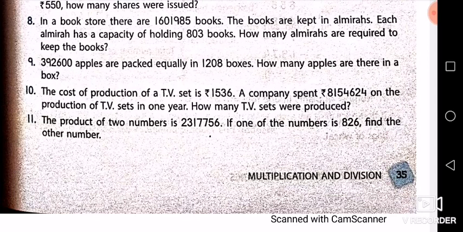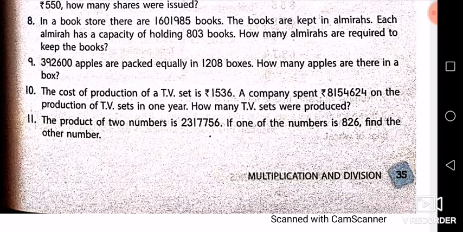The rest of the questions are totally different. This 11th question, the product of two numbers is 23,17,756, takes the concept of multiplication and division both.